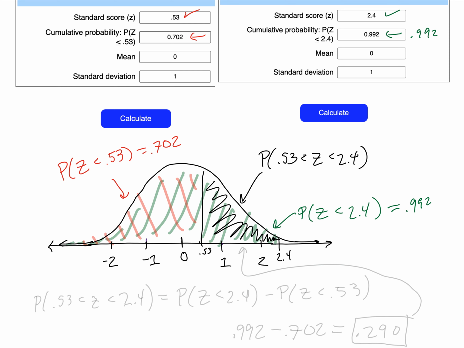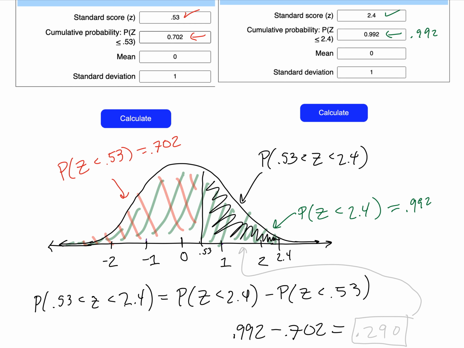So the probability that 0.53 is less than z, which is less than 2.4, is equal to the probability that z is less than 2.4 minus the probability that z is less than 0.53. So that is the large one, 0.992, minus 0.702.